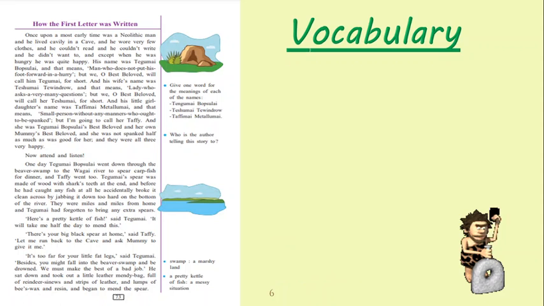So students, in this passage, the writer begins to tell us a story. Where did Tegumai Bobsilai go? Yes, Tegumai Bobsilai went down through the beaver swamp to Vagai river. Students, look for a word that means wait. Yes, the word attend means wait.